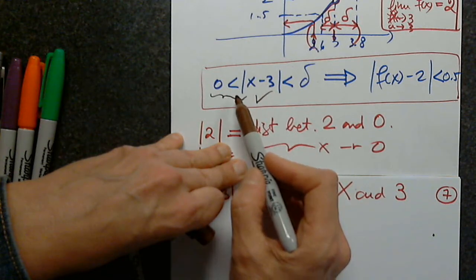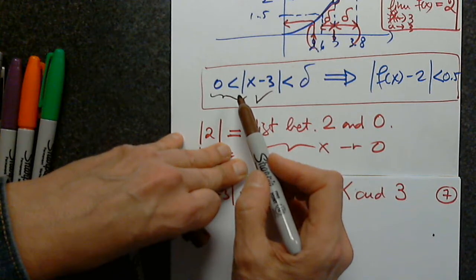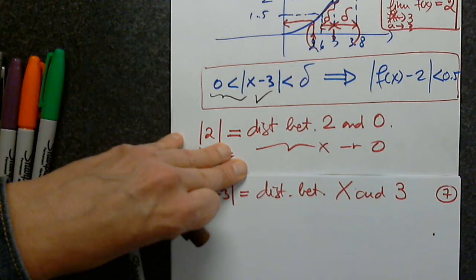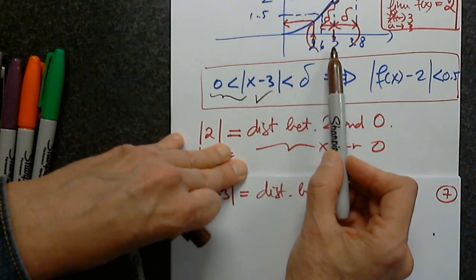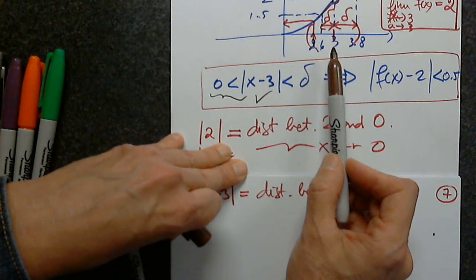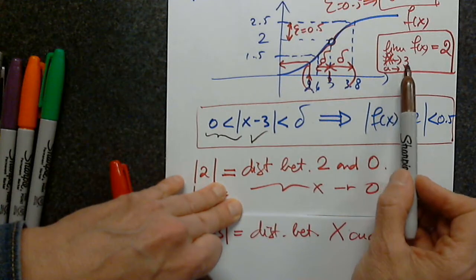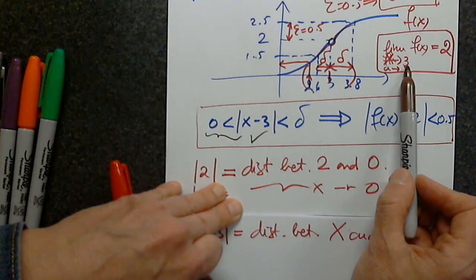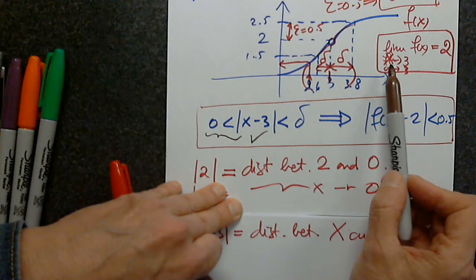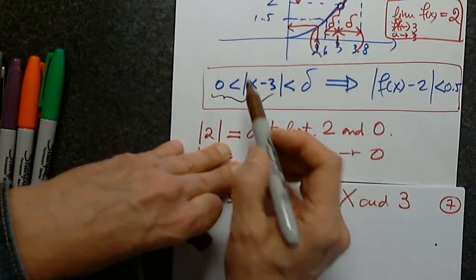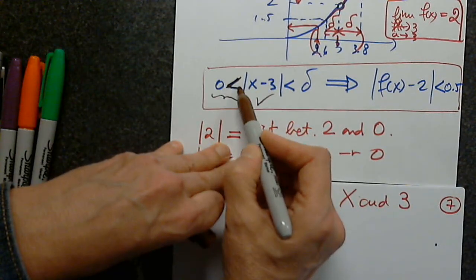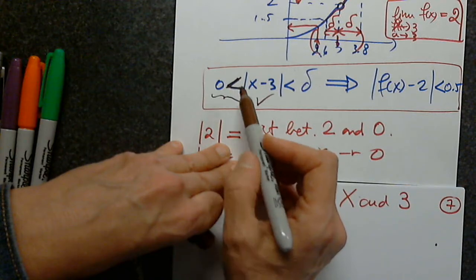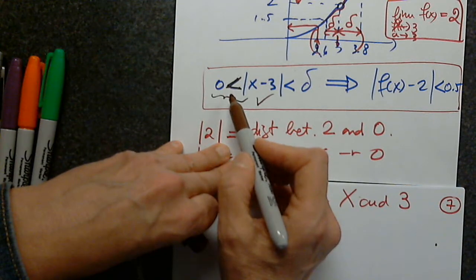What is the option that I'm excluding by saying not equal to, in other words? I cannot pick x equals 3 ever. When x approaches 3, we talked that x cannot be 3. So this is what this says. It says you cannot pick x equals 3 because this would be equal to 0.